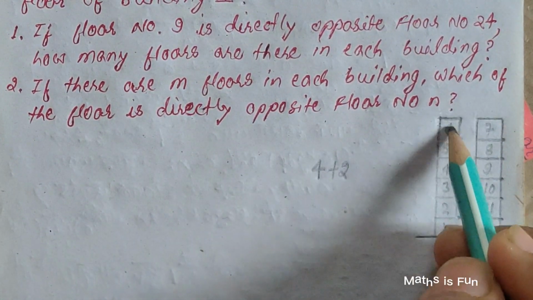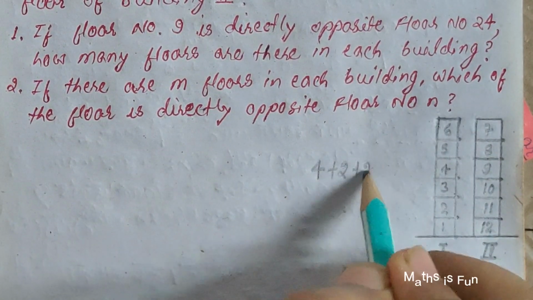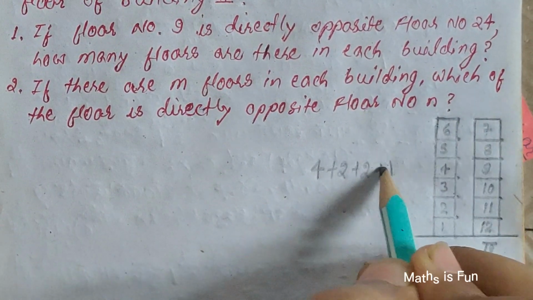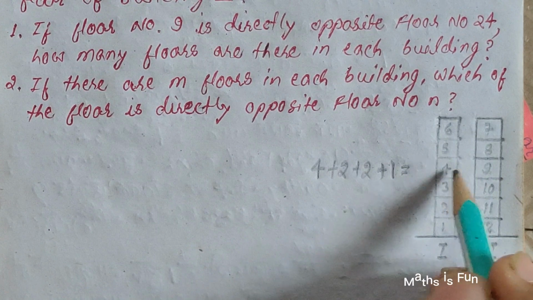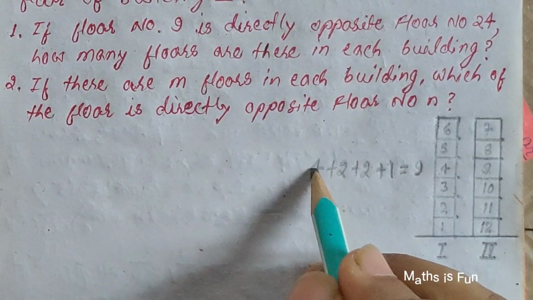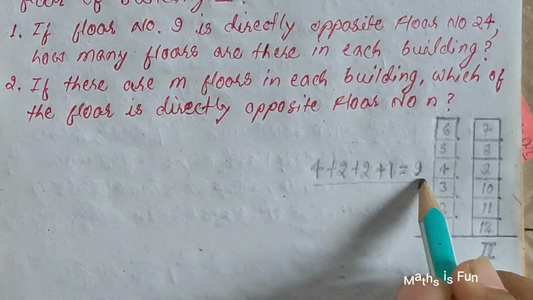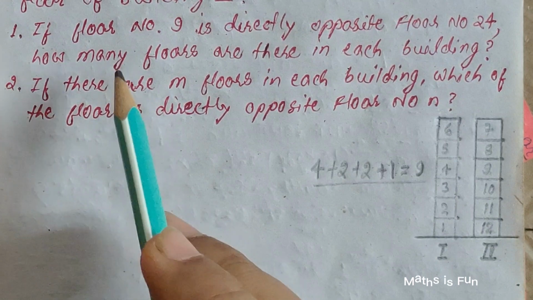And then we'll take the equal number of floors in the opposite building, that is 2. And then we'll take one more floor, plus 1. So that will be equal to the floor that is directly opposite to floor number 4, that is 9. So you can see that 4, 5, 6, 7, 8, 9. So this is a perfect equation. Using this logic, we are going to solve this question.